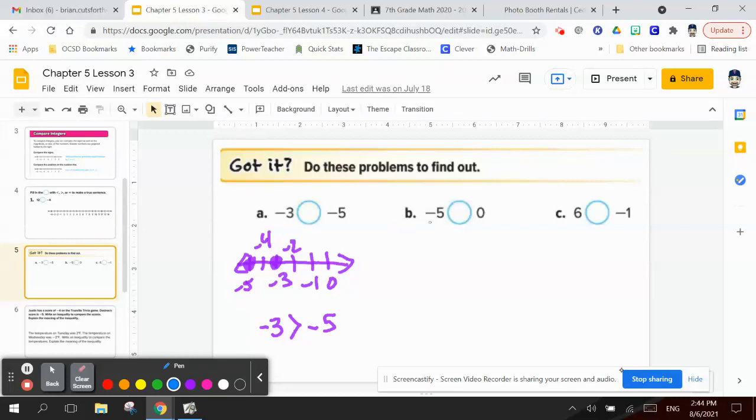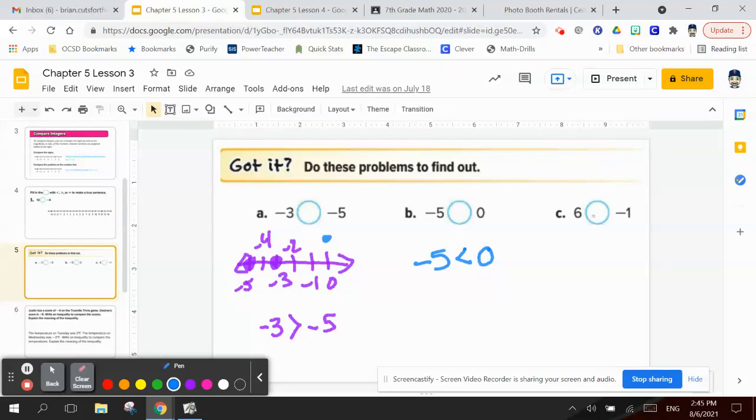When I look here, negative 5 and 0, whichever one's furthest to the right. So here's my 0, here's my negative 5. Which one's furthest to the right? That's going to be 0. So negative 5 is less than 0 because 0 is greater than. Remember, Allie the alligator always eats the bigger number.